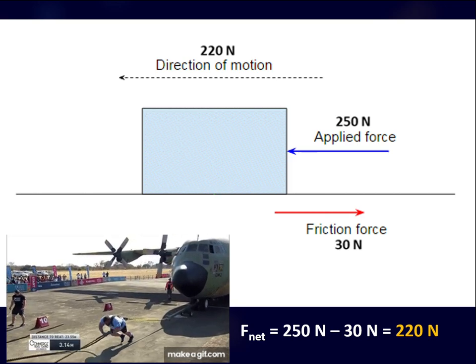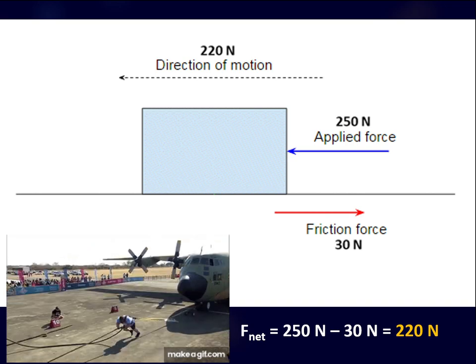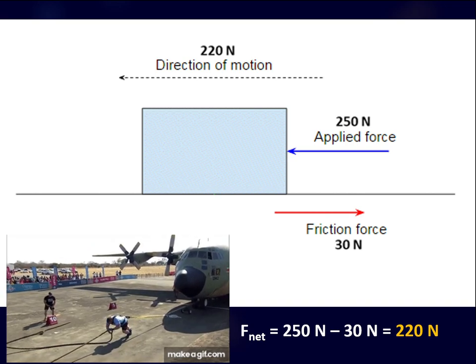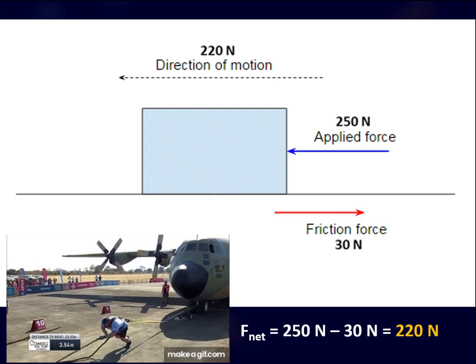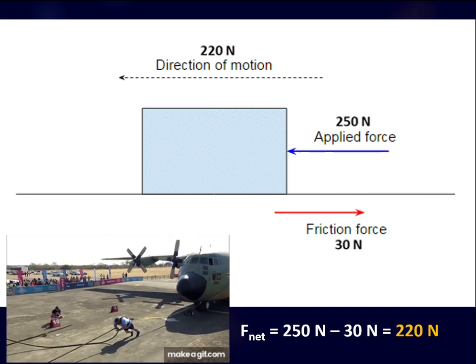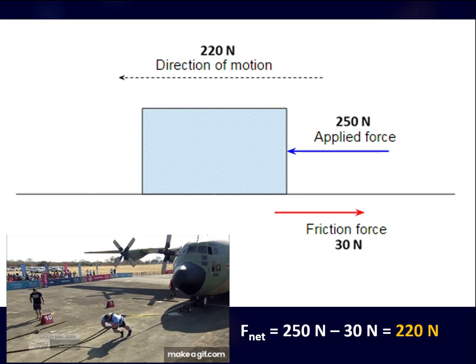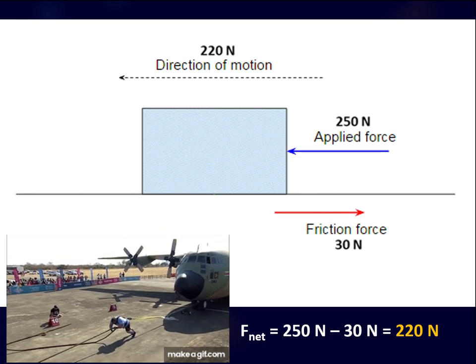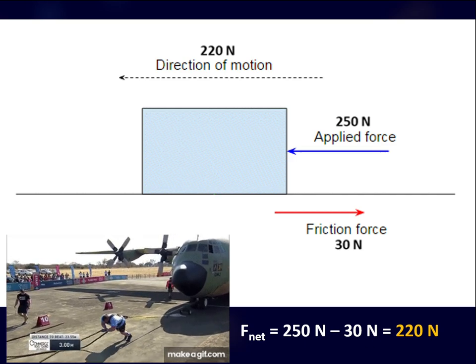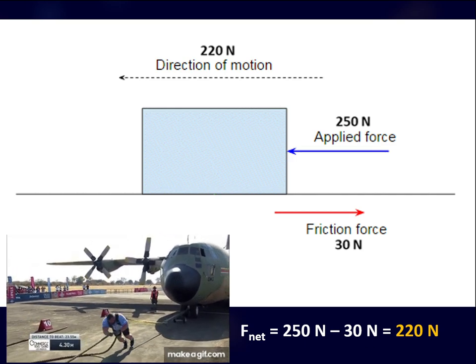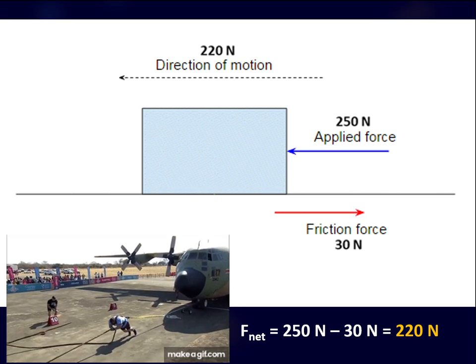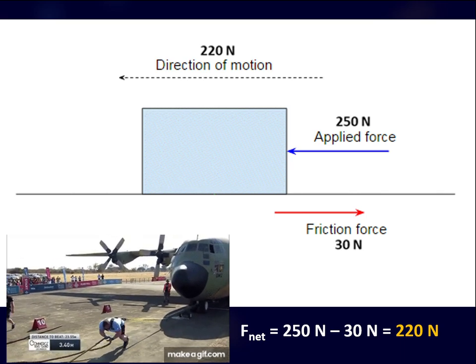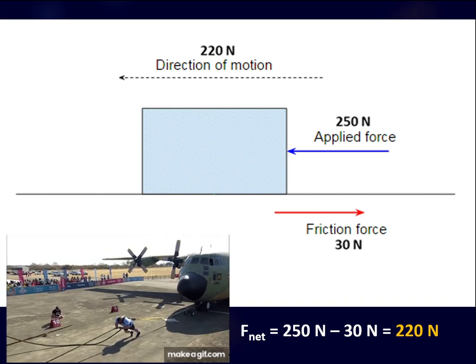Remember, force is a vector, which means direction matters. Forces in the same direction add up. Forces in opposite directions subtract. Say that a strong man pulls forward with 250 newtons, but friction pushes back with 30 newtons. We might ask, what's the net force?